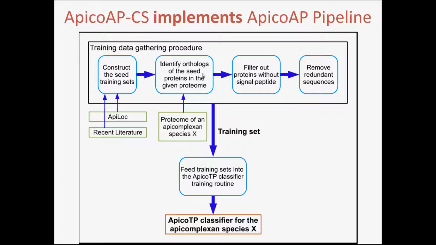After this step, the resulting set contains either proteins with experimentally verified localizations that qualifies them to be in the positive or in the negative set, or proteins that are orthologous to one such protein. This set is subjected to a filtering step where the requirement of containing signal peptide is enforced. And lastly, a subset of the resulting set that share no more than 60% sequence similarity are outputted as the final training sets.